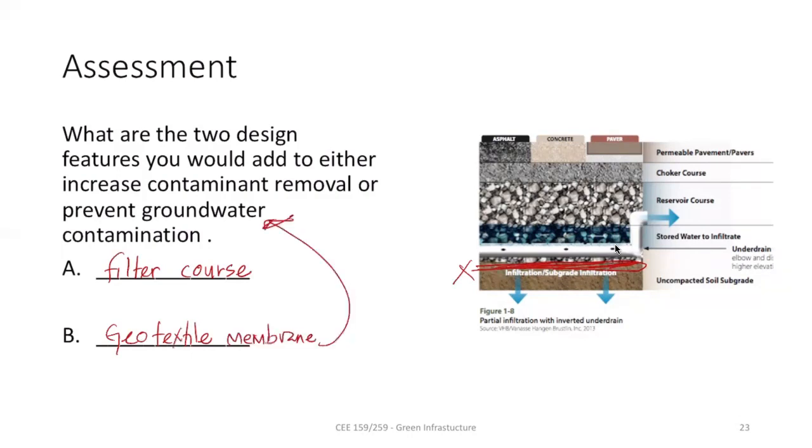That means you are preventing any groundwater infiltration from occurring. So those are the two: preventing groundwater contamination, and adding a filter with high capacity to remove pollutants. That way you can assume most pollutants are removed before the water goes there. Those are the answers.